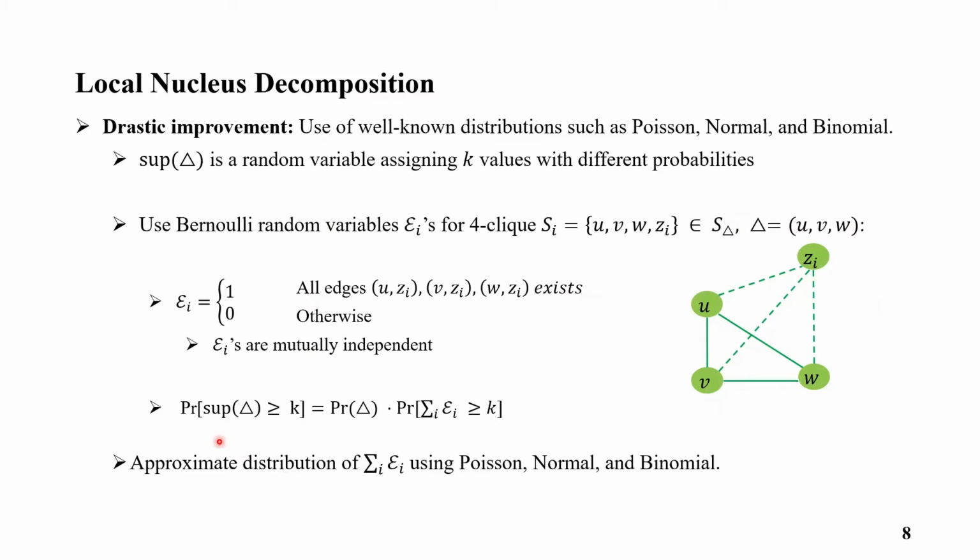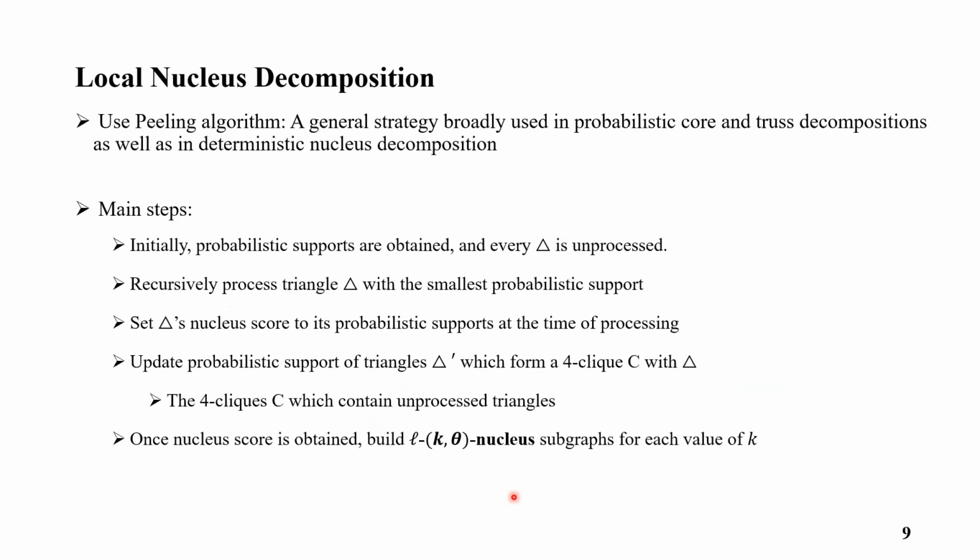And then using this formula, we make a relation between the sum of these Bernoulli random variables and the support of each triangle. And then using statistical approximations, we approximate the distribution of this sum using well-known statistical distributions such as Poisson, normal, and binomial distributions.